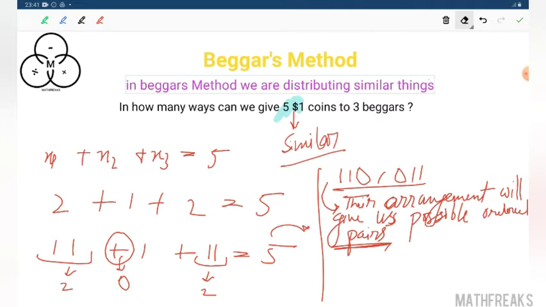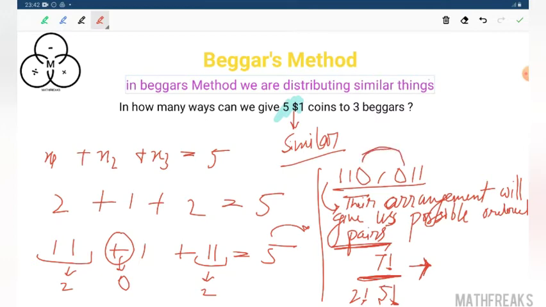We have considered the plus symbols as zeros, the spaces as zeros, and they can be arranged. There are a total of 7 things, 2 zeros and 5 ones. Now this can be interpreted as 7 things actually.